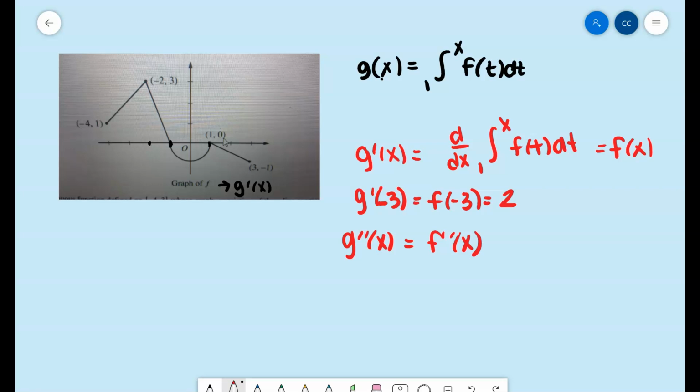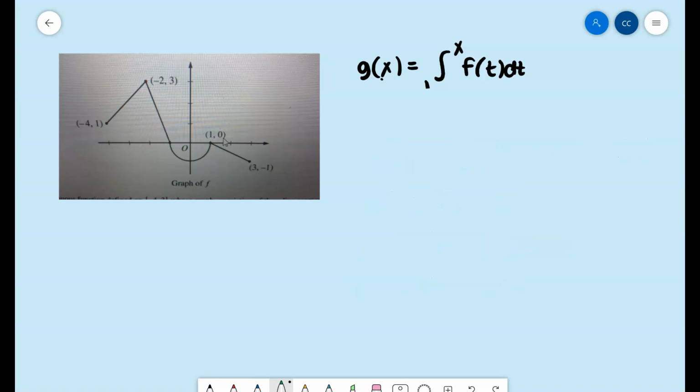And f prime, if we recall the definition of the derivative, simply means the slope or the rate of change at that point. So g double prime of x at -3 is the same as f prime of -3, which is representative of the slope at -3. So if you look at this graph, it goes -4, 1, it goes -3, 2, and -2, 3. So it's going up 1, right 1, up 1, right 1. Therefore, the value is 1.